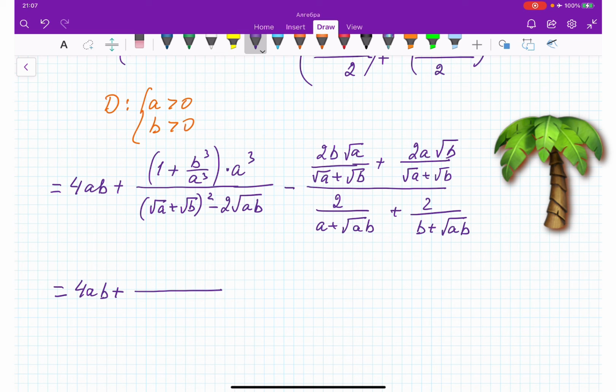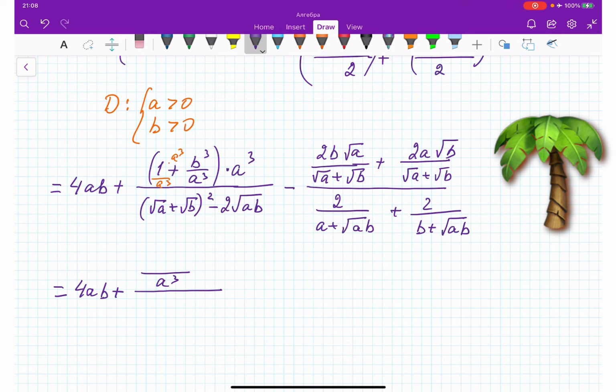So 1 plus b cubed over a cubed, it's going to be common denominator a cubed, right? And here it's going to be a cubed here also times a cubed, because there was no denominator. I'm going to write down denominator a cubed.